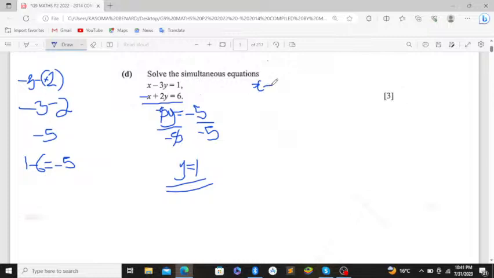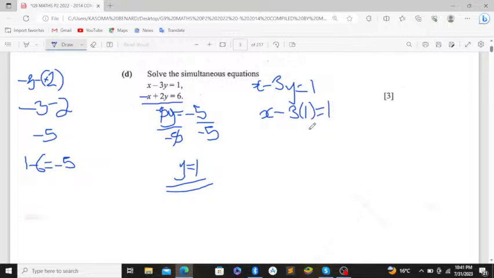So x minus 3y is equal to 1. Okay, so what we're going to do, where there is y, we're going to put the value we got. So we're going to write x minus 3 multiplied by 1 in brackets is equal to 1.